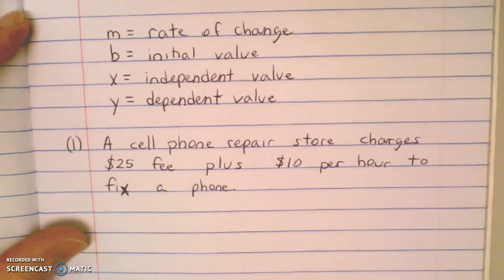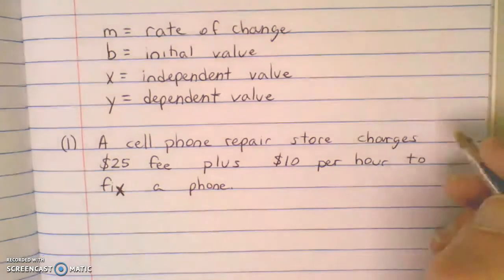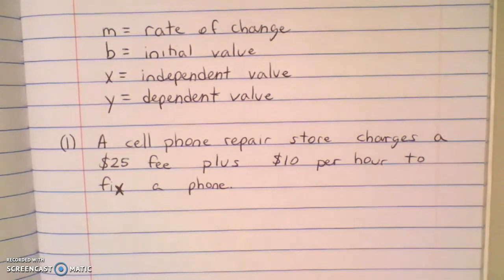So we have a cell phone repair store that charges a $25 fee plus $10 per hour to fix a phone. We're going to write an equation to represent the total costs to fix that cell phone.